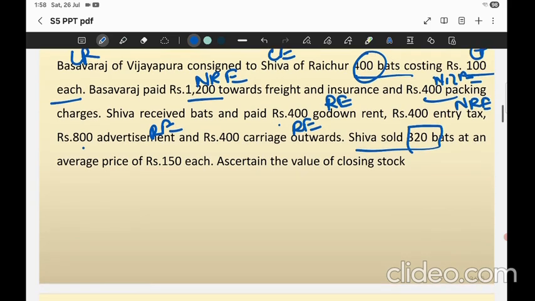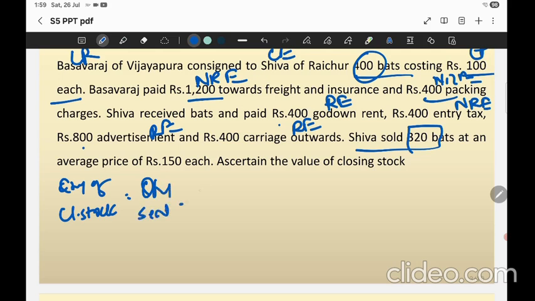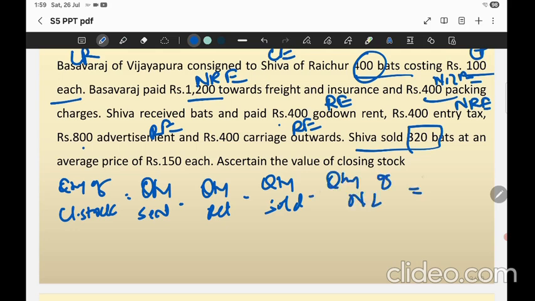That means the closing stock units. How do we find out closing stock units? If you remember, in the previous class I said quantity of closing stock is equal to quantity sent minus quantity returned minus quantity sold minus quantity of normal loss and minus quantity of abnormal loss.